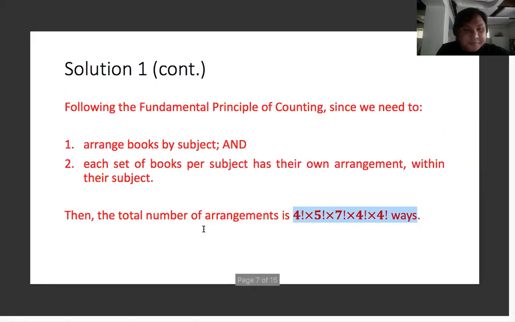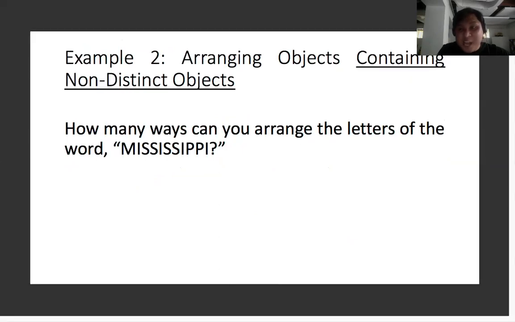All right. Okay, so now we go to our second example. In this second example, we're going to arrange objects containing non-distinct objects. So how many ways can you arrange the letters of the word Mississippi? Take note, in this particular example, we are talking about objects which have non-distinct objects.